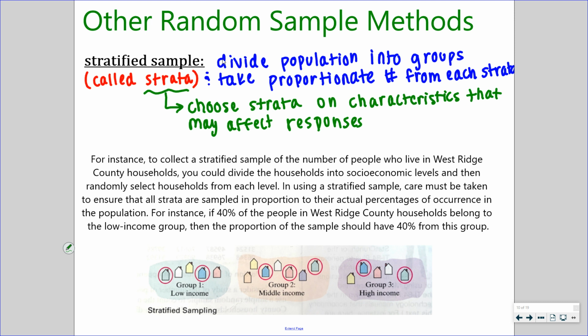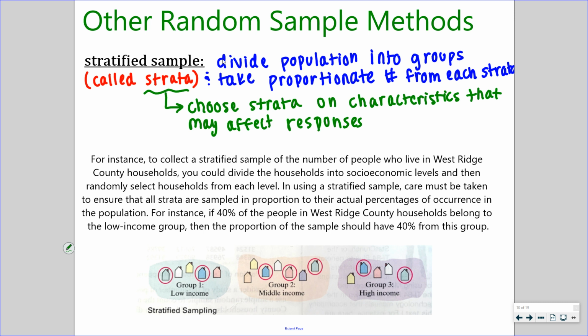In this case, they divided them by their incomes, their socioeconomic levels. So they grouped them into low income, middle income, and high income. So there's your strata. They grouped them based on income because that might affect how many people live there, possibly.